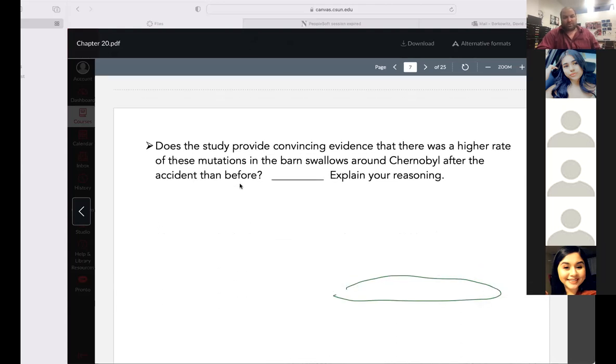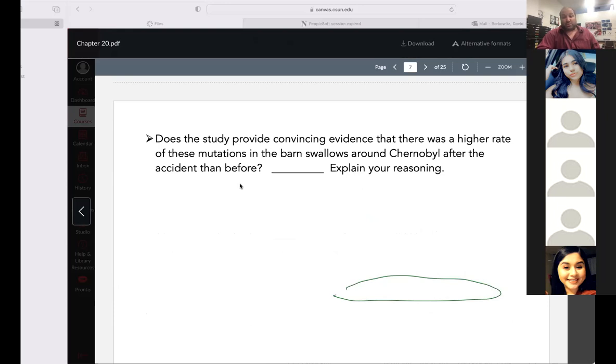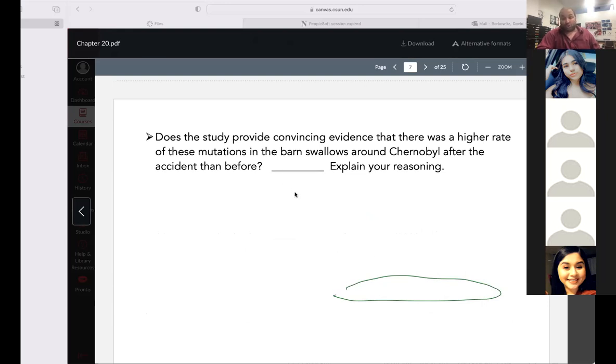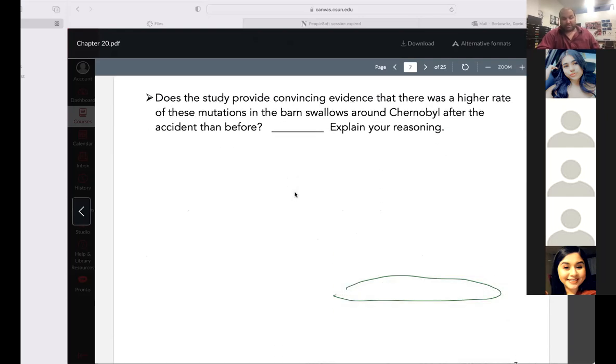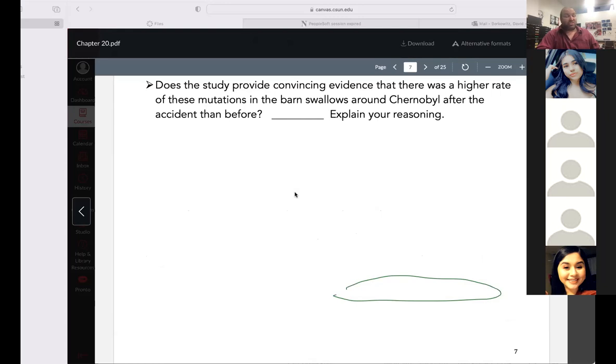So does the study provide convincing evidence that there was a higher rate of these mutations in the barn swallows around Chernobyl after the accident than before? The answer is yes. Does that mean Chernobyl caused it? That's a whole other question, something beyond statistics. Statistics just says, yes, it's higher now than it was before. The why, I'll leave that up to you.